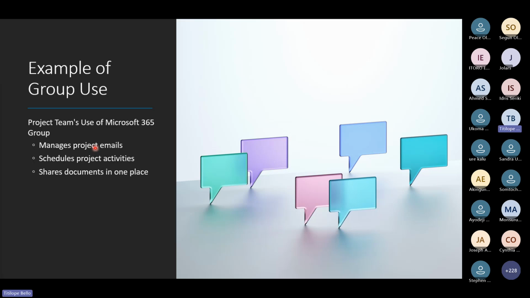Now they can create a Microsoft 365 group that helps you store all the project information in one central location. All email communication concerning that project will be stored in the Microsoft 365 group mailbox. The calendars for project meetings or project briefings, the stand-up meeting that you do before you start.